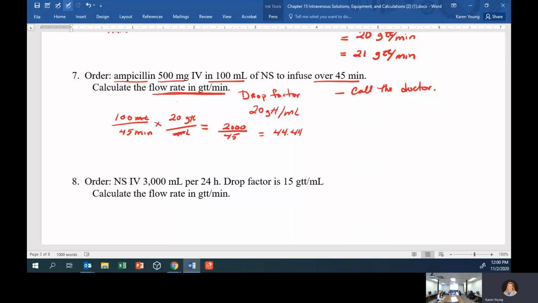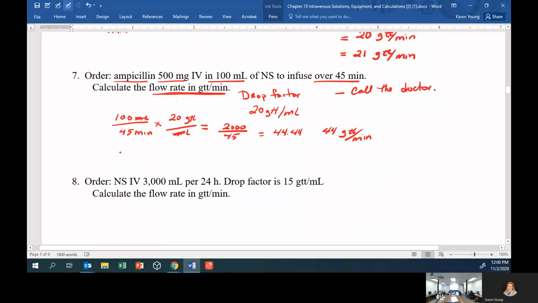So that's going to go to where? How many drops per minute would I actually set? 44, because that even rounds to 44. Okay.